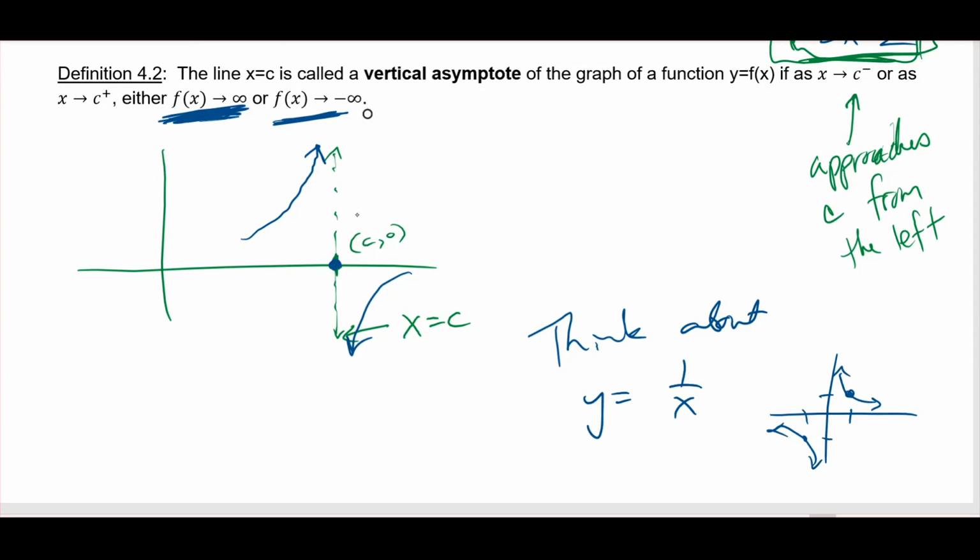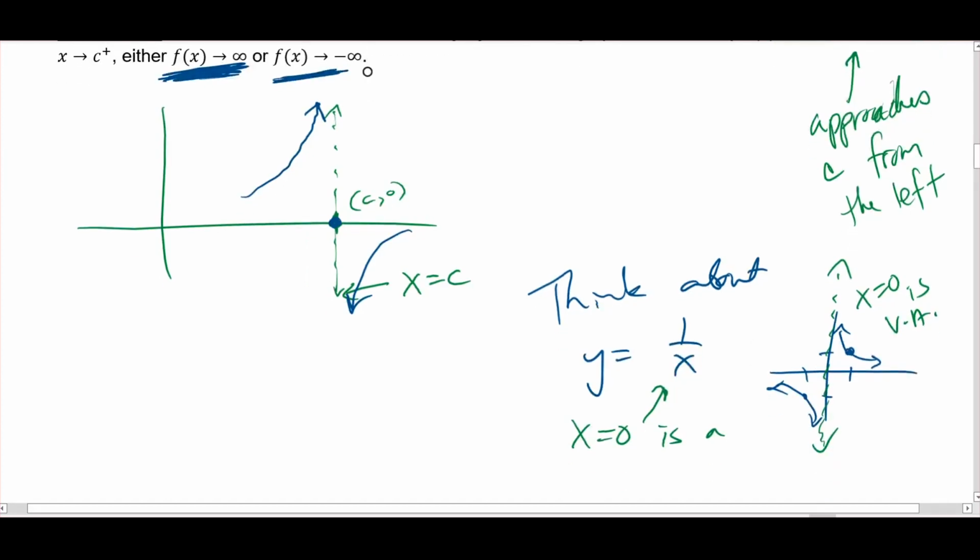And observe that the line here, x equals 0, is a vertical asymptote. And notice where that happens, right? x equals 0 is a 0 of the denominator.